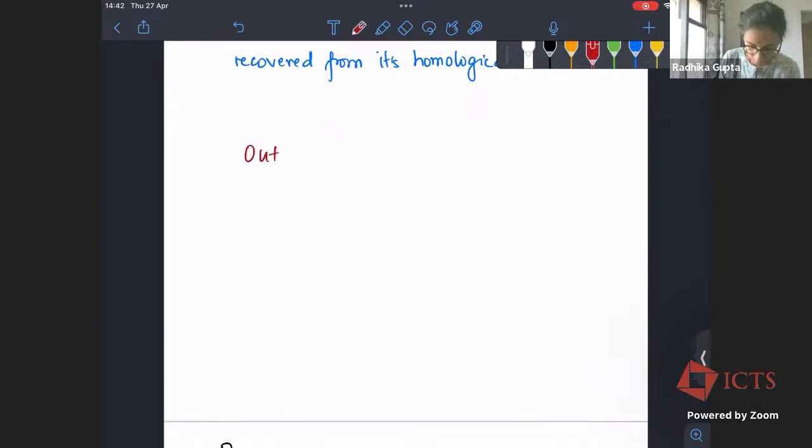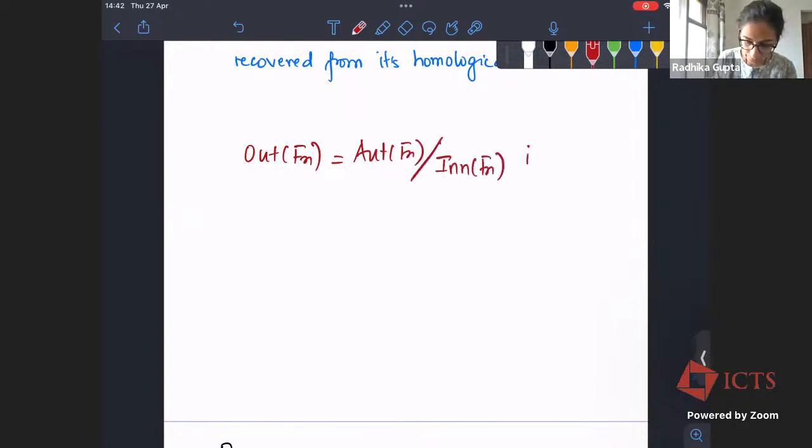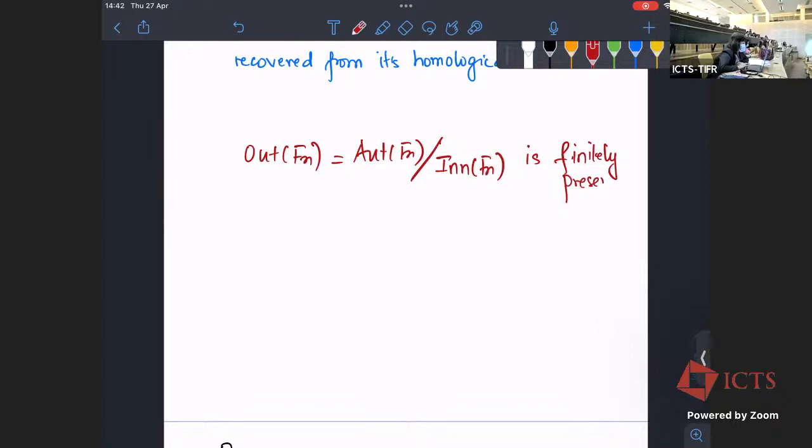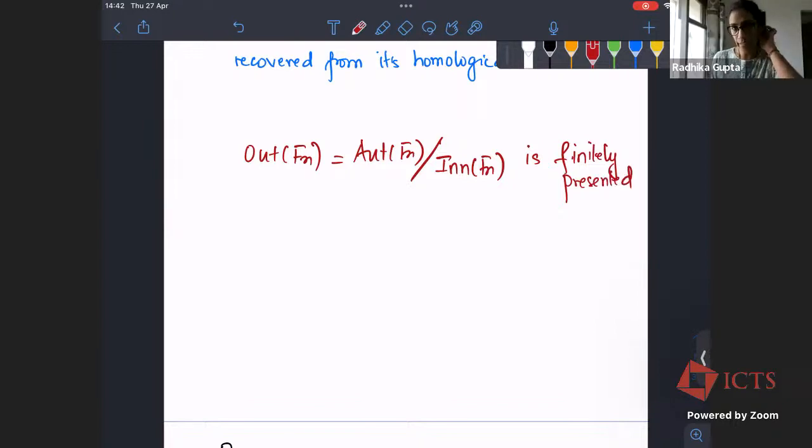This group is finitely presented. Okay. Is it because of finite number of generators? Yes, it is finitely generated and finitely presented. So I guess it's a countable group.